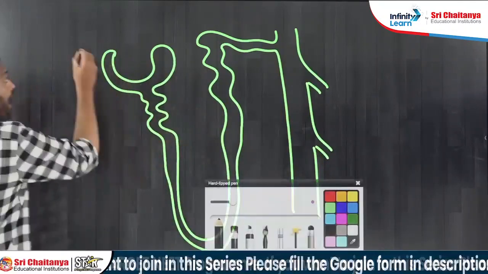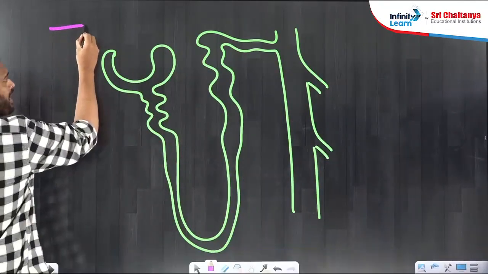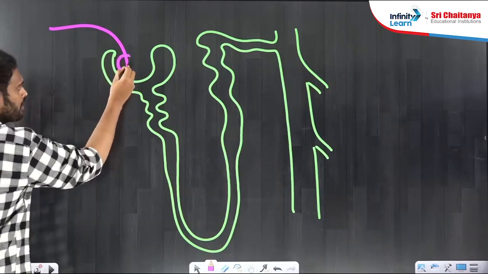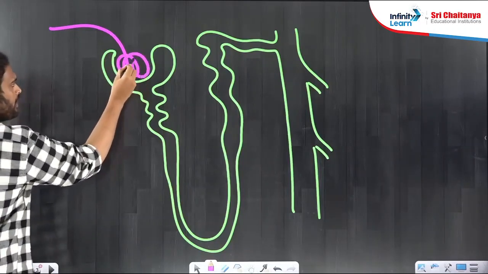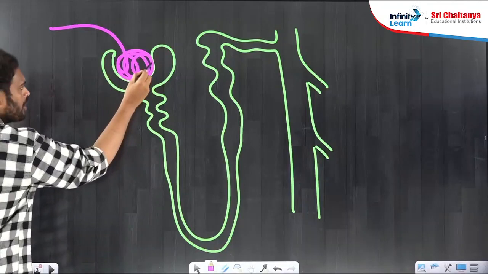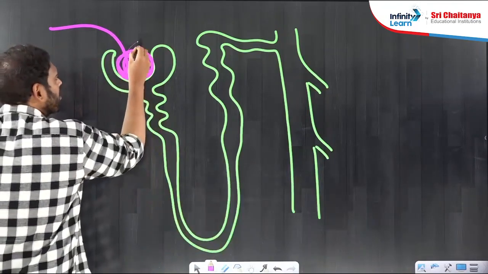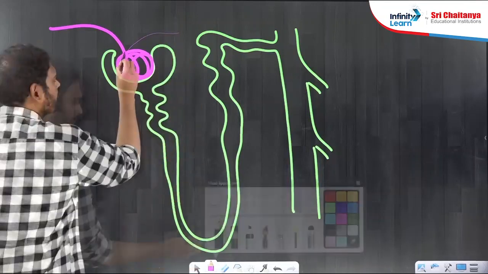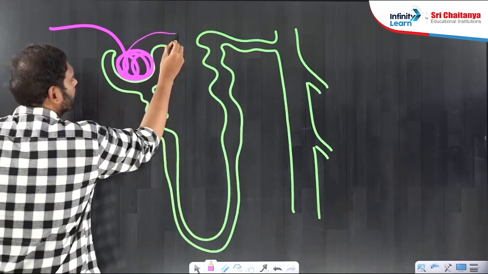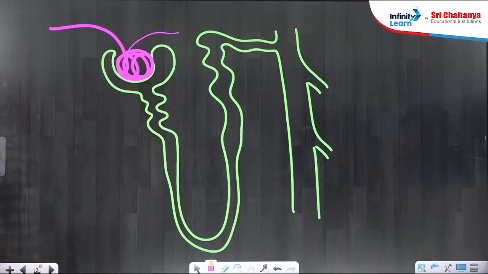Done? Afferent arteriole enters Bowman's capsule, divides into capillaries, forms glomerulus, and exits out as efferent arteriole. Yes?